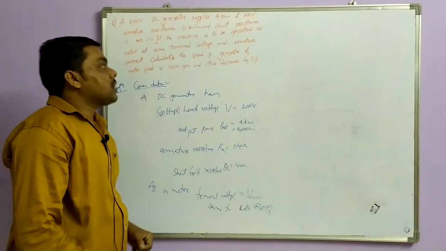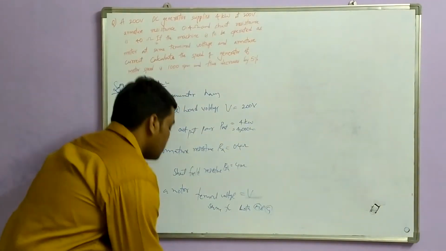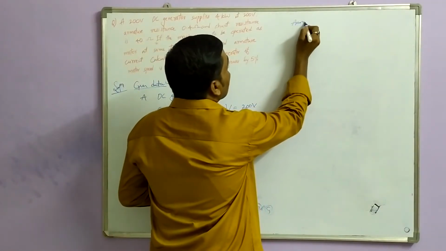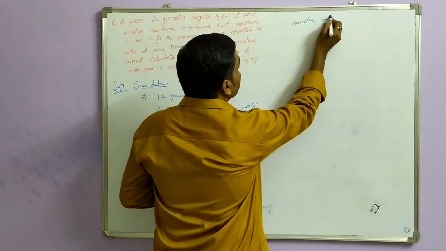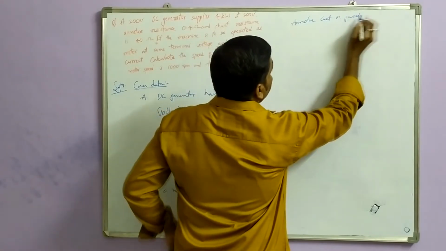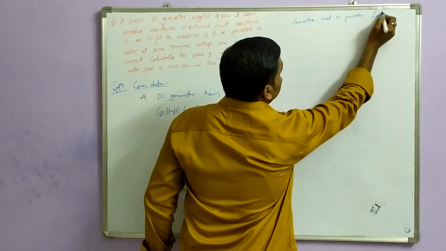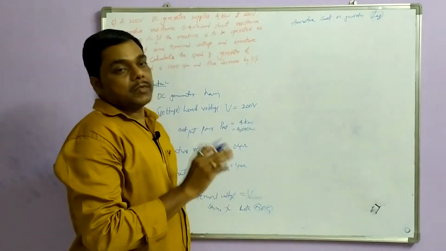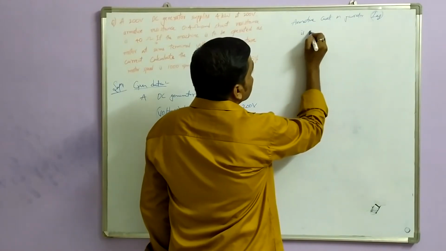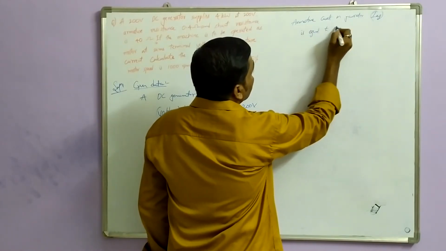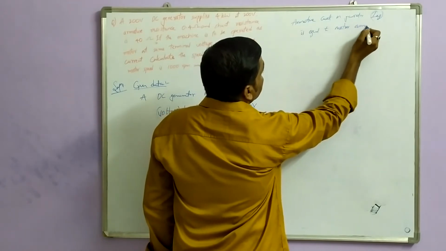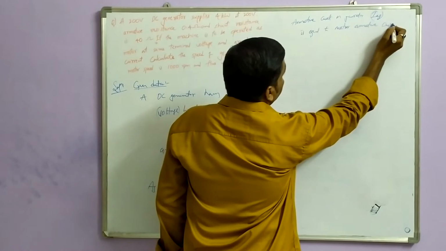And the armature current is also, so armature current in generator, that I can indicate with IAG. Subscript G stands for generator armature current, which is equal to the motor armature current.